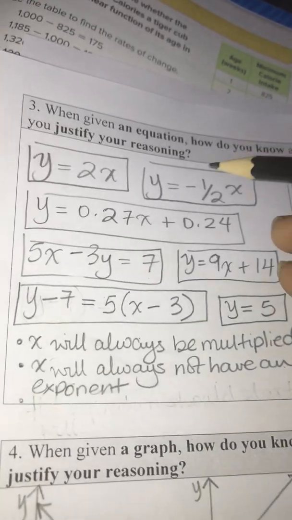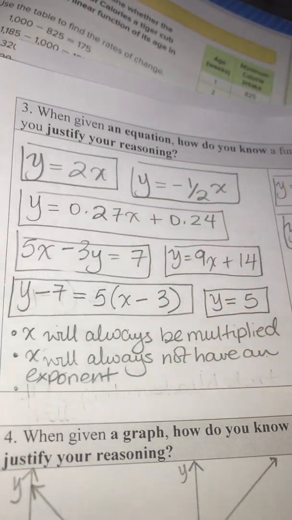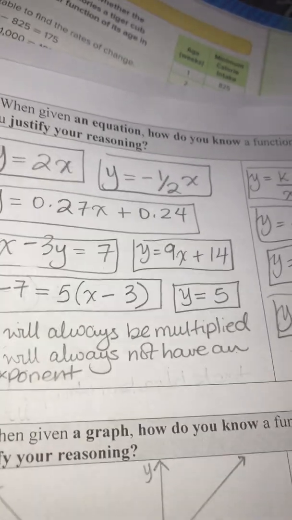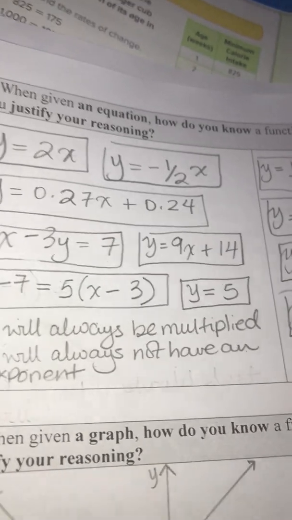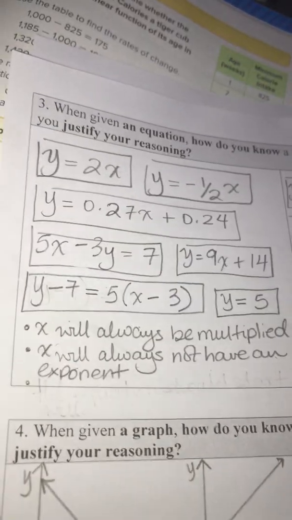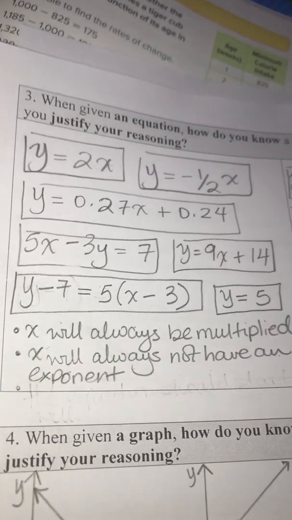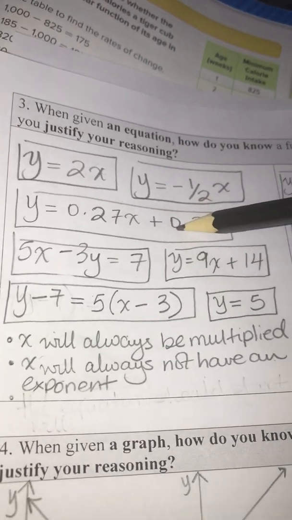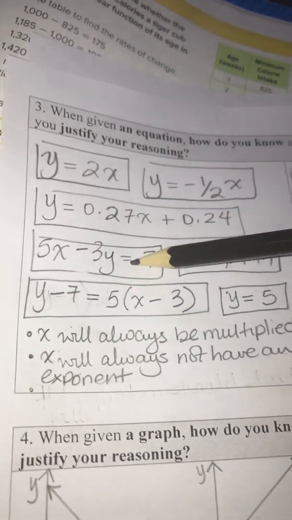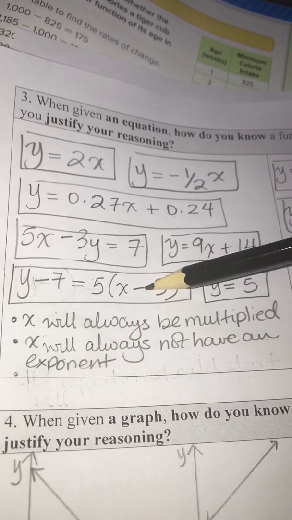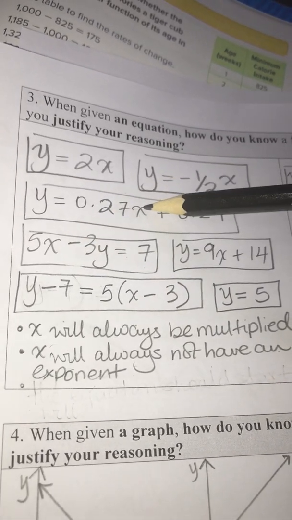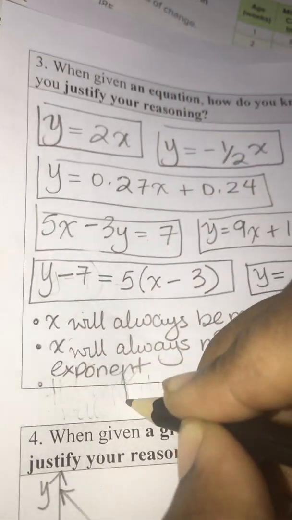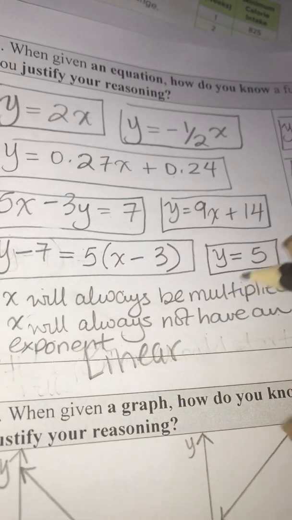Okay? X must be multiplied. X cannot be in the denominator. X must be on the numerator. It must be when it is linear. Okay? So, if your equation is written in direct variation form, in slope-intercept form, in standard form, in point-slope form, and x does not have an exponent, then it is a linear function. So these are linear functions.